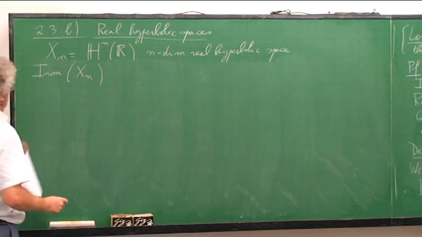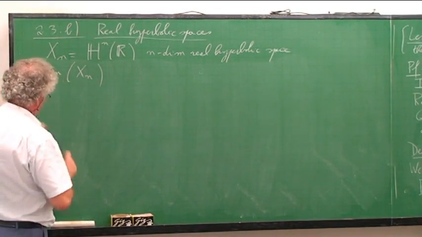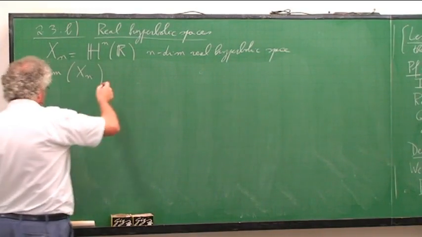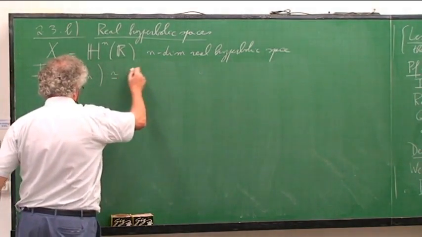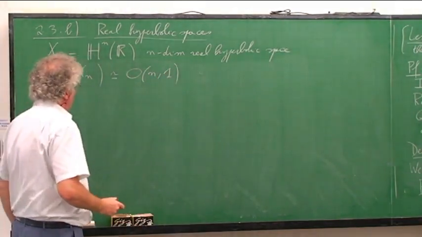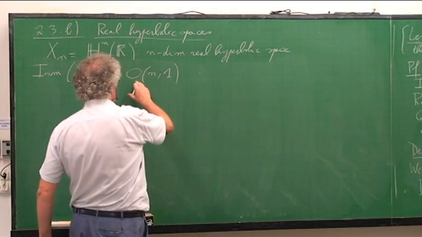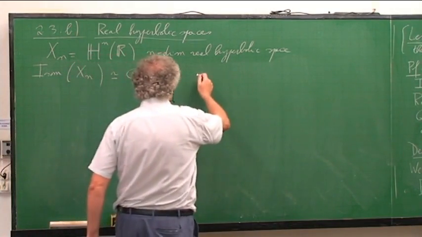It is well known that the group of isometries is a simple Lie group, up to local isomorphism a classical group O(n,1).